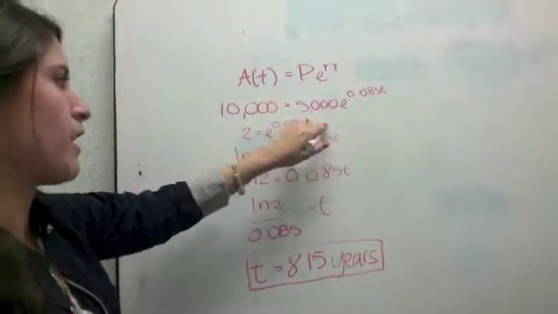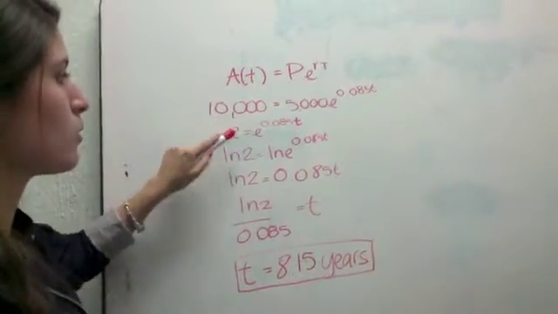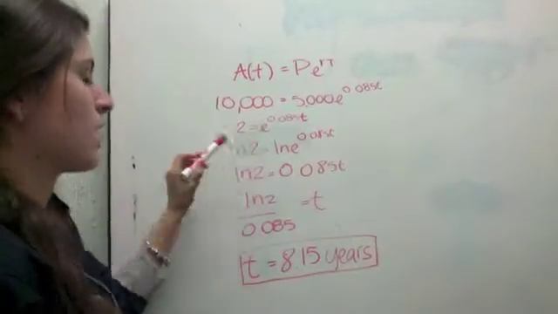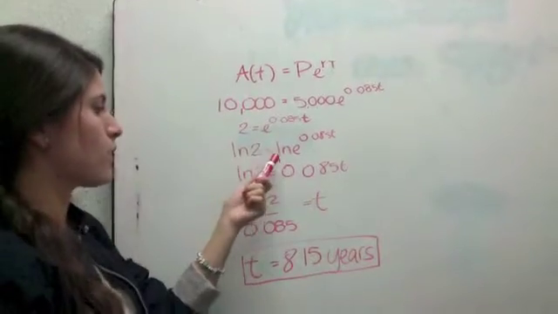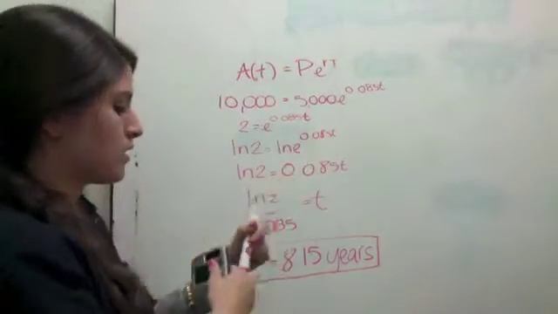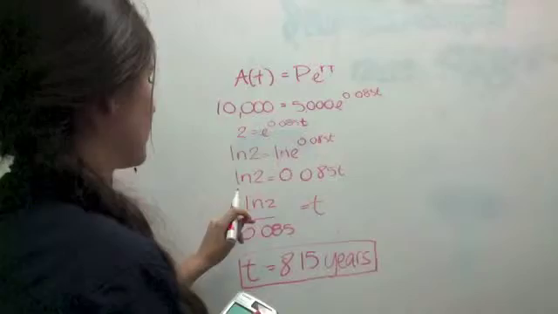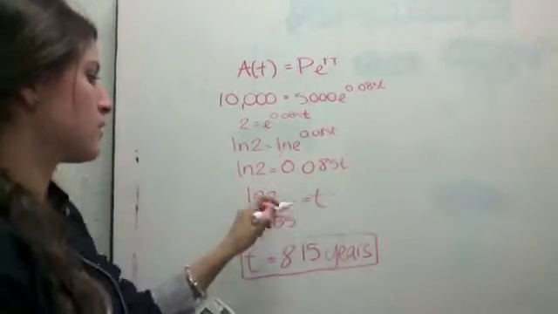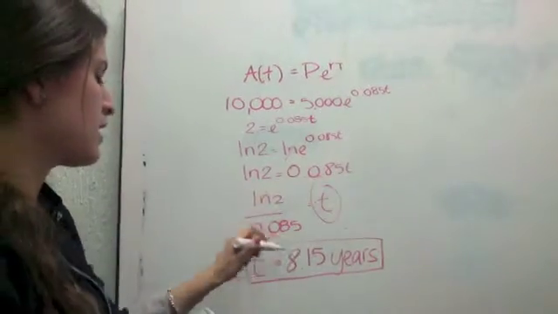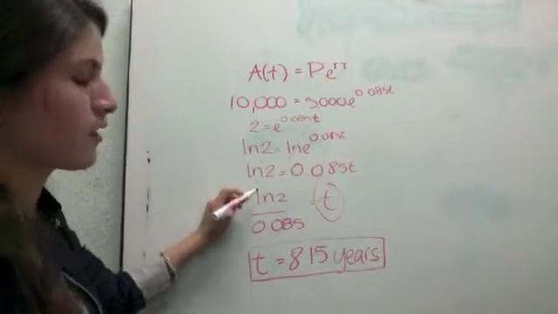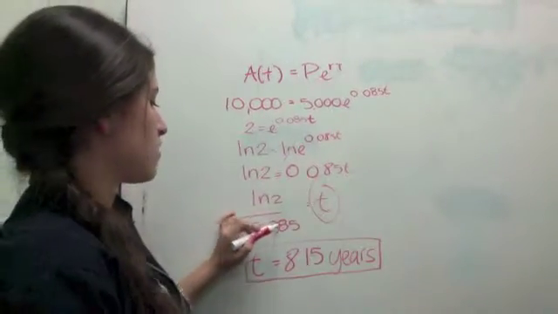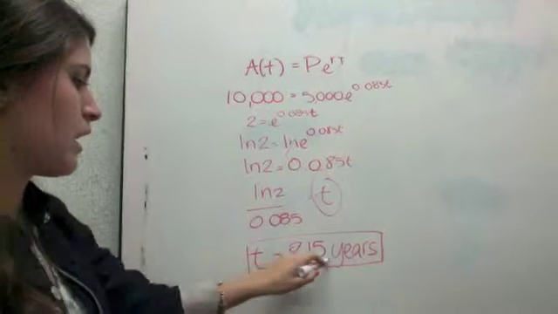We divide 10,000 by 5,000, and it gives us 2 equals e to the 0.085t. We take the natural logarithm of both sides, and ln of e cancels out, so we are left with natural logarithm of 2 equals 0.085t. To isolate t, we get natural logarithm of 2 over 0.085, and that gives us 8.15 years.